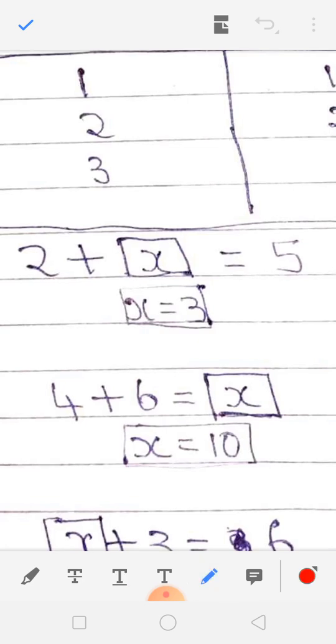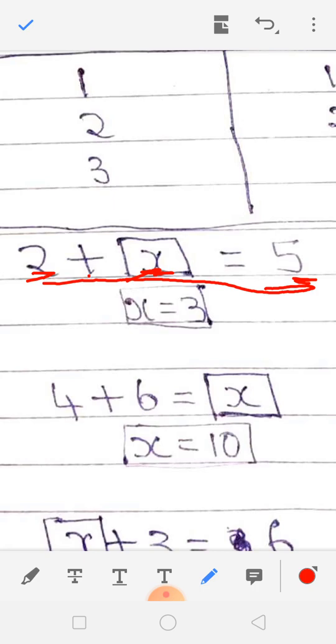Look at this line only. 2 plus some box is equal to 5. I already said that x means unknown value. We don't know the value of x, and we have to find it. Don't forget, we don't know. So 2 plus x, this is the unknown value, and the answer is equal to 5. So 2 plus what number is equal to 5?